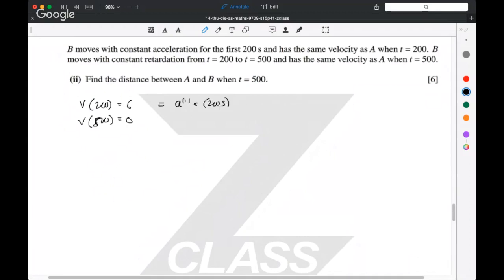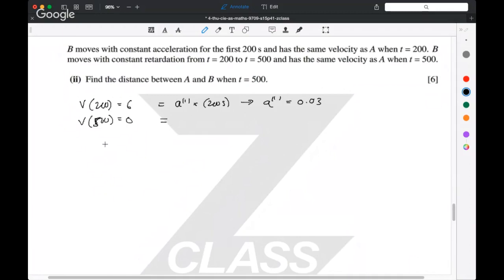So we can just use the constant acceleration equations where v is equal to acceleration times time. Well, it's actually the initial velocity plus acceleration times time, but at t equals 0, B is at rest. So it's just acceleration times time. So this means that A1 is 0.03, so just divided.